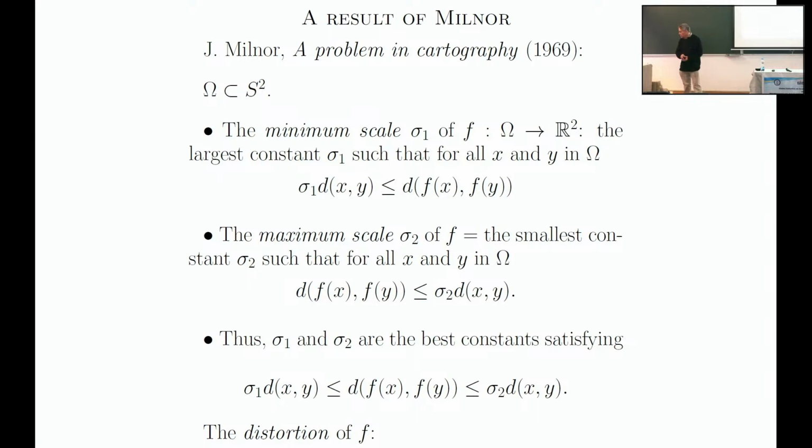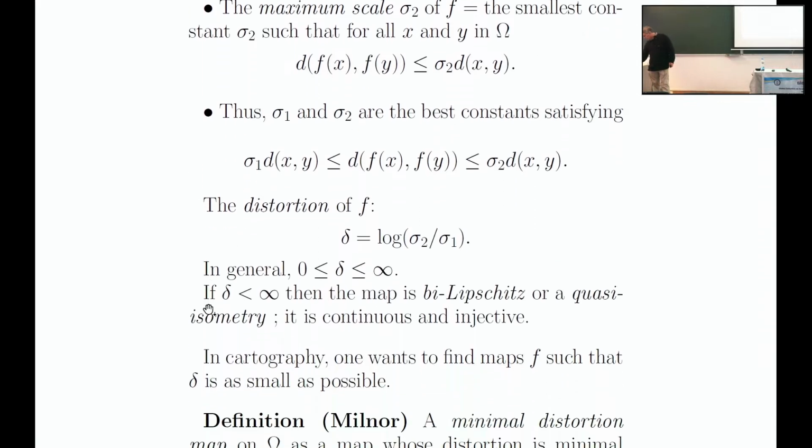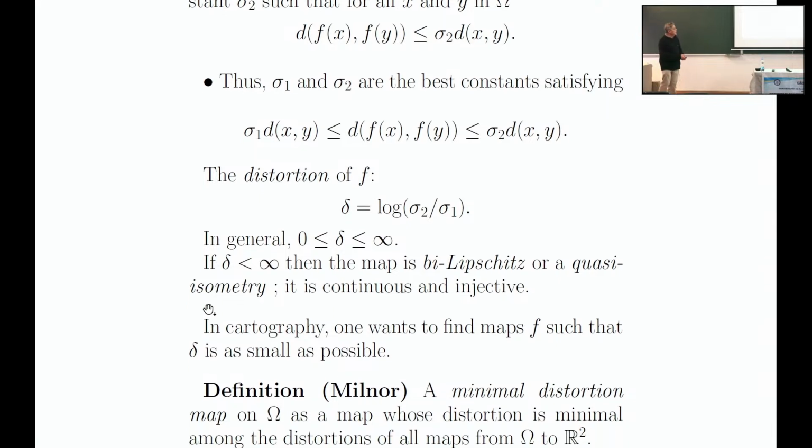And then the distortion of f, well, I could take sigma 2 over sigma 1, but I want to take log of sigma 2 over sigma 1, so that if sigma 2 is equal to sigma 1, which means that the map is an isometry, then the distortion is 0 and not 1. Okay? So this is the definition in this paper of the distortion.